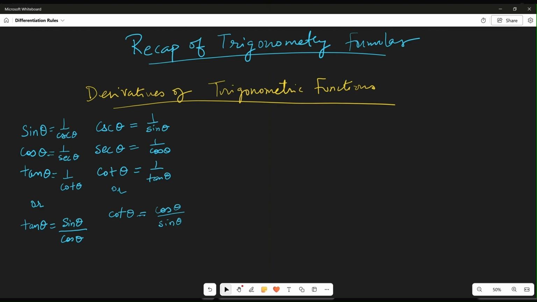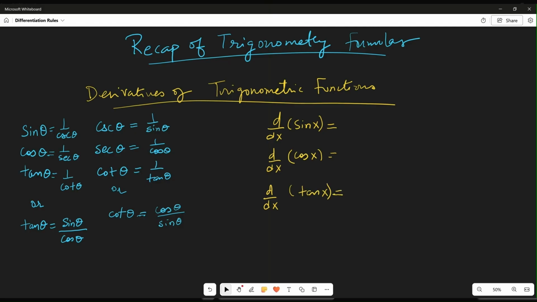Okay, let's go over the derivatives of trigonometry functions now. Derivative of sin x, derivative of cosine of x, and then derivative of tan x.